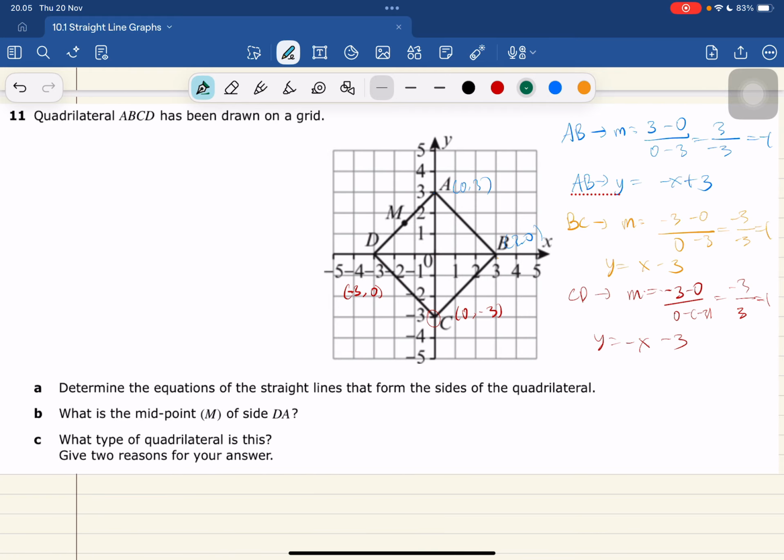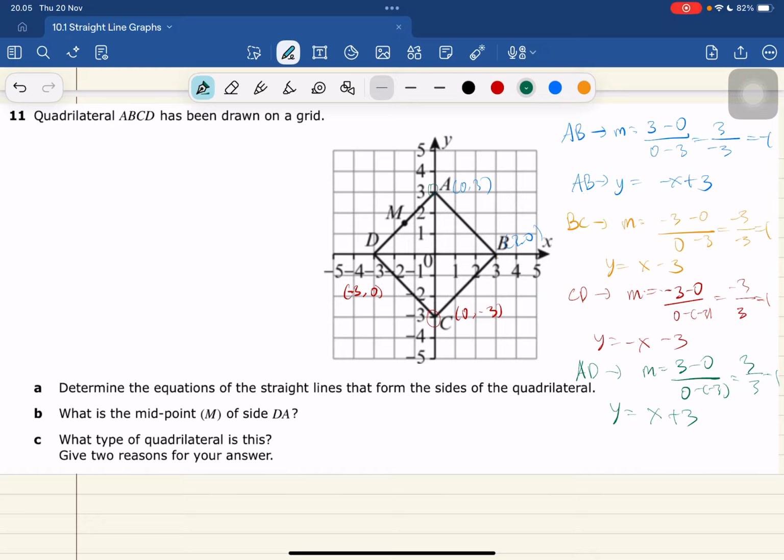Next, after CD, we have AD. So the gradient: y2 is 3 minus 0, divided by 0 minus minus 3. So it will be 3 divided by 3 equals 1. So the equation is y equals x, the gradient is 1, and the y-intercept is 3, so plus 3.